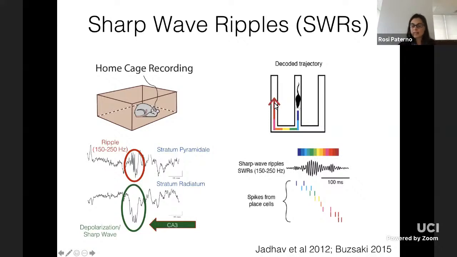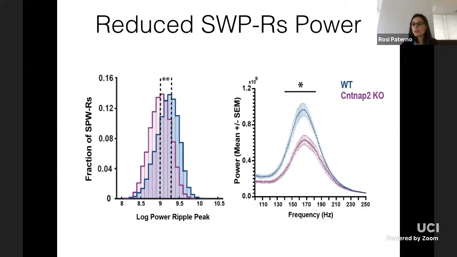What we found is that there is a reduced sharp-wave ripple power in CNAP2 animals. Here on the left, we calculated the peak of power during the event, averaging around 10,000 events in each condition, and we can see that there is a difference in the peak of power.